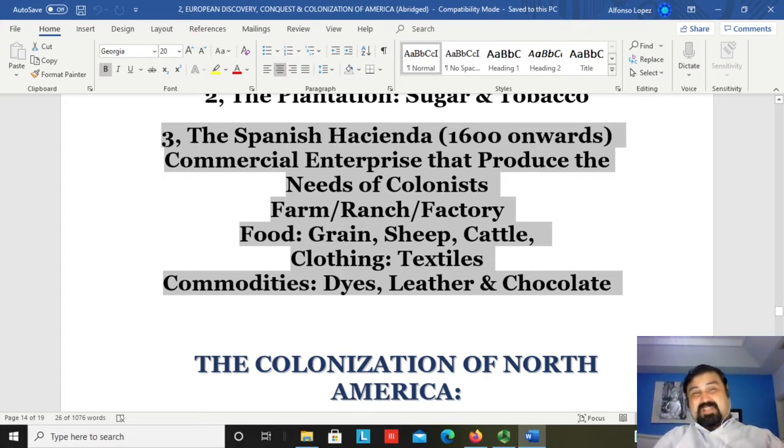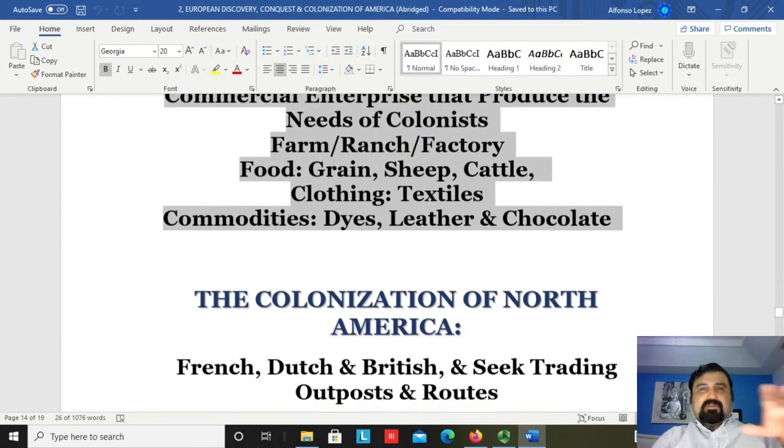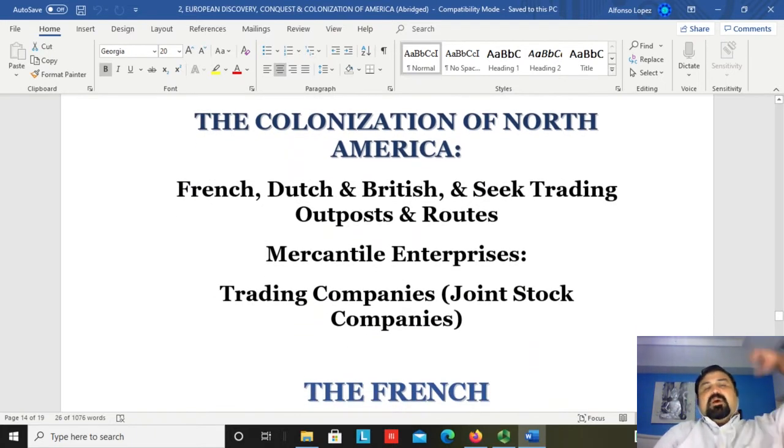So they're going to become central to the functioning of the Spanish colonies. All right, so that was just in brief. I said I'm not going to spend a lot of time talking about Spanish colonization, just for you to become acquainted with the kind of enterprises that were established, like mining, gold, silver, plantations, that were very important.